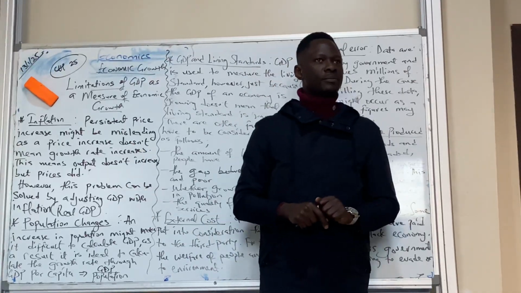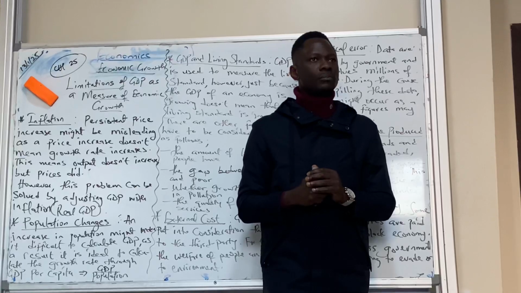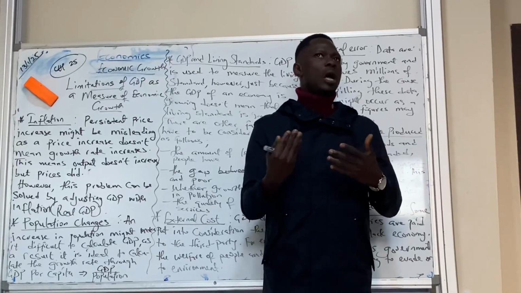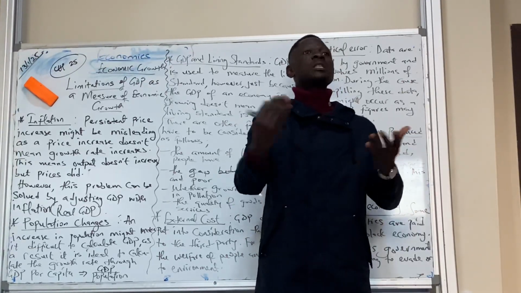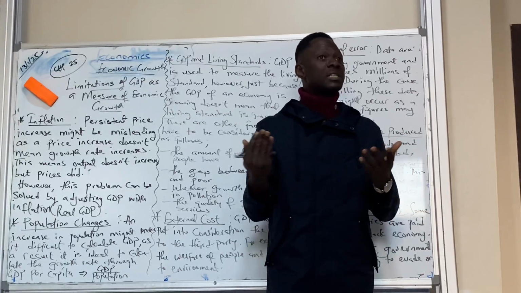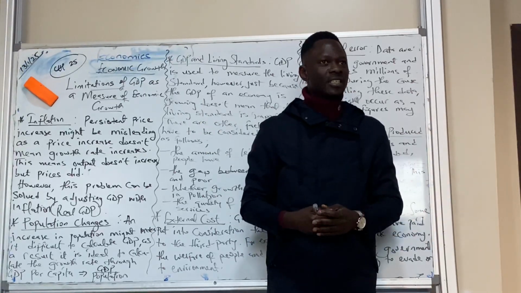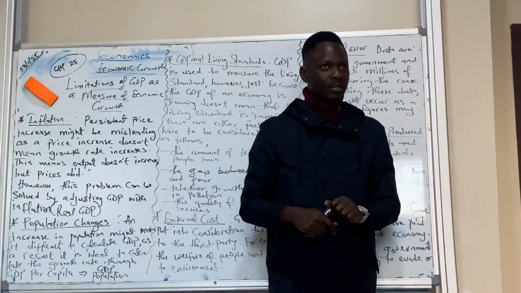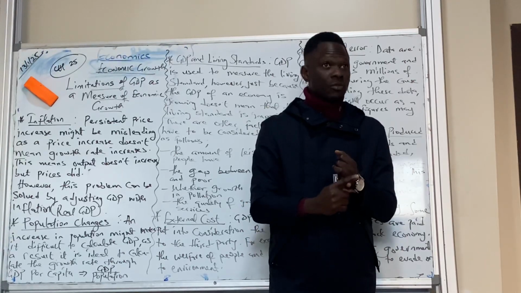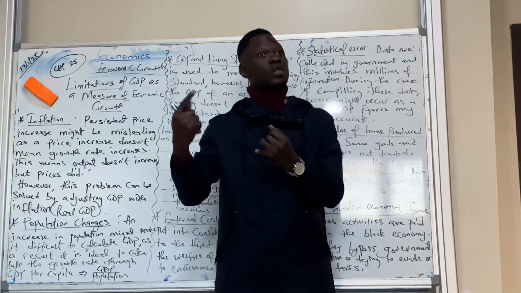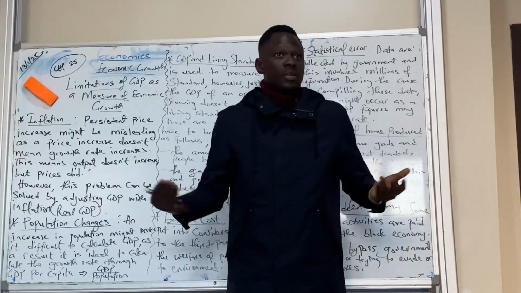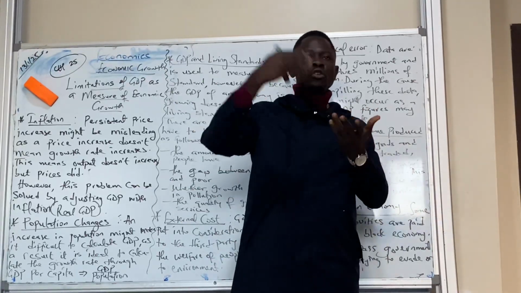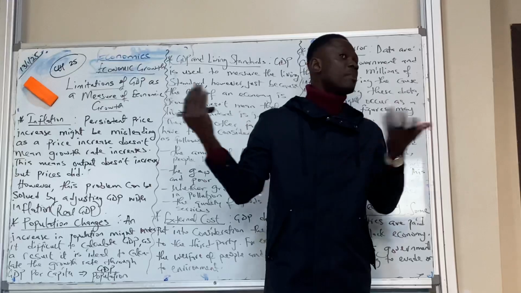How does inflation happen? It could be an increase in demand, high cost of production. There are different reasons why we could have inflation. Demand might increase, and if demand increases, price is expected to increase. Cost of production might increase. Maybe cost of importation. Maybe the country needs to import raw materials.